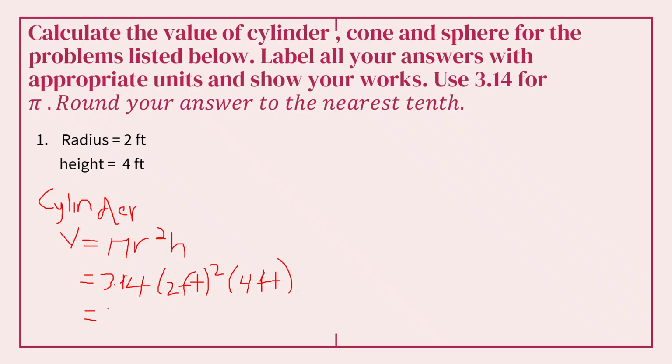So we have 3.14. Two times 2 is 4 feet squared, then times 4 feet. Let's use this space here.